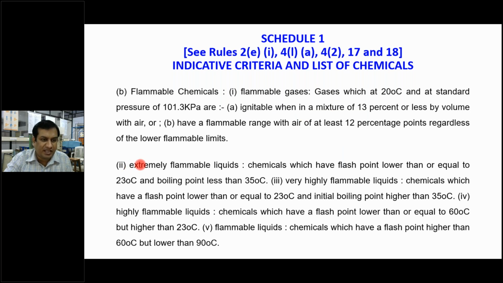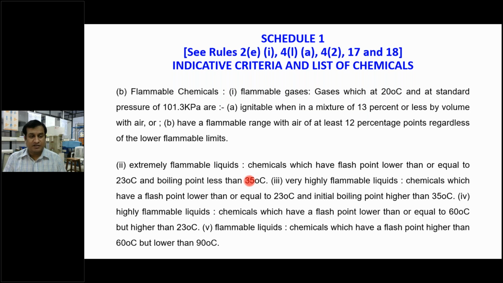Now when we are talking about the extremely flammable liquids, chemicals which have flash point lower than or equal to 23 degrees Celsius and boiling point less than 35 degrees Celsius. So this is the criteria where you can define extremely flammable liquids. So the liquids which are having the flash point lower than or equal to 23 degrees Celsius and boiling point less than 35 degrees Celsius, then it is called extremely flammable liquids.